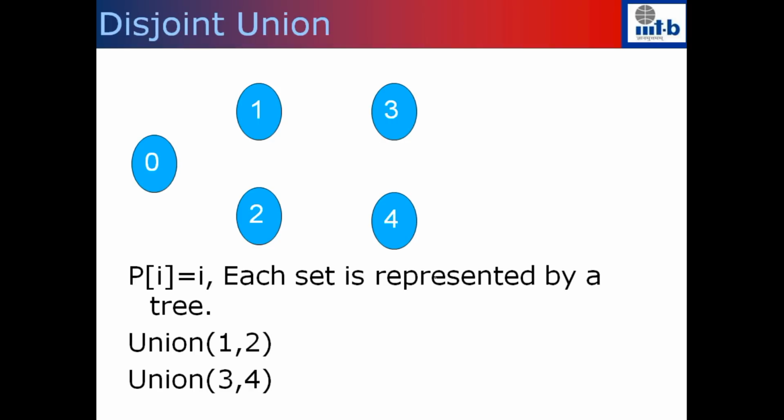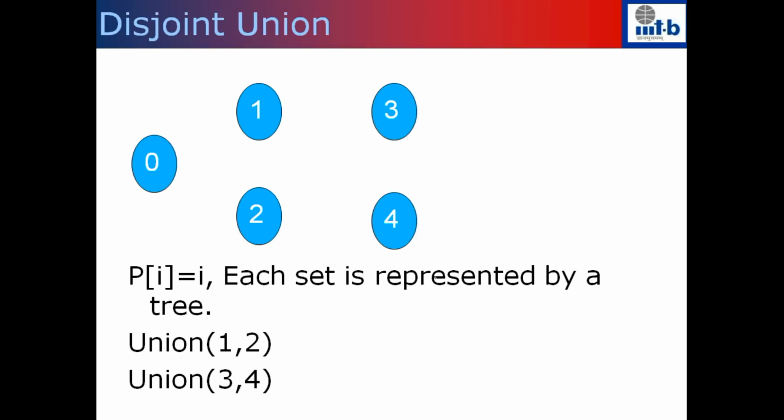If you have to tell which set an element belongs to, you keep going to the parent till you reach the root and report it. So the coloring business in the earlier example is exactly the same as reporting the root.